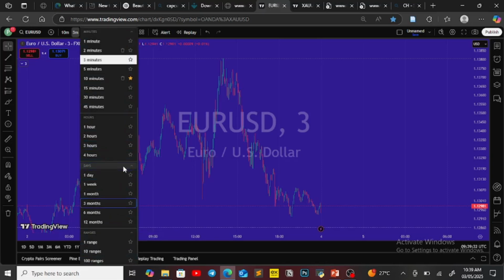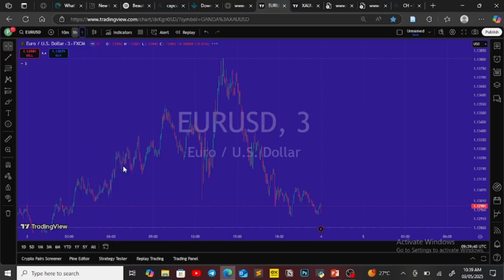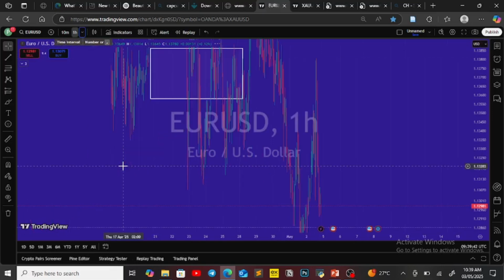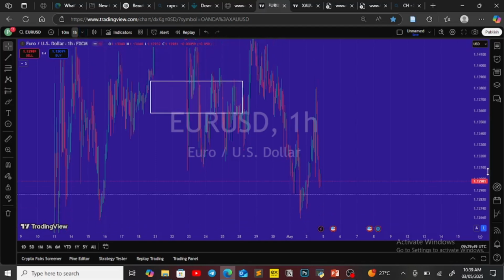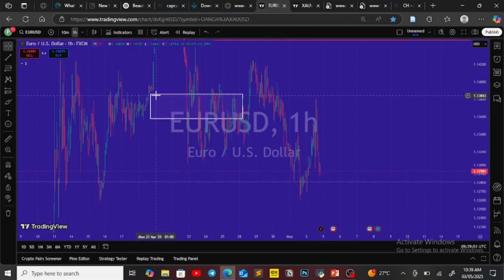You have the daily time frame, weekly, monthly, 3 months, 6 months, 12 months, 1 range, 10 range, 100 range. It depends on the kind of time frame you want to use. If you click on the 1 hour time frame, it's going to take you to the 1 hour time frame. You can see now we have the EUR/USD 1 hour time frame.